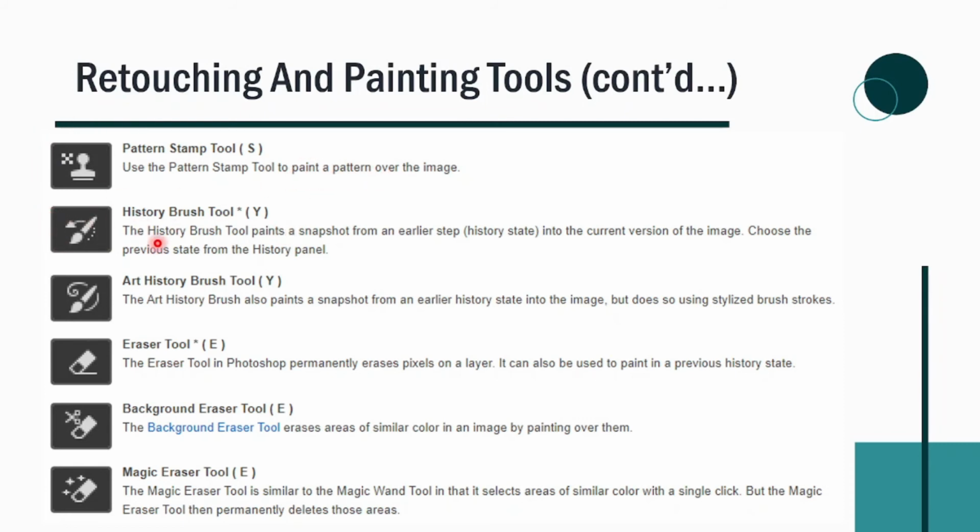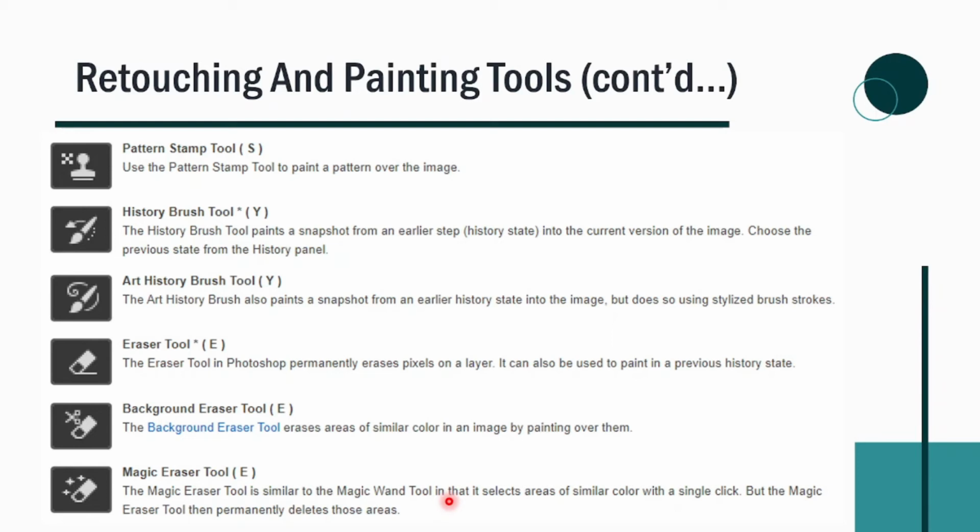The history brush tool, the art history brush tool, the eraser tool permanently erases pixels on a layer. Background eraser tool, okay, erases areas of similar color in an image by painting over them. Magic eraser tool, similar to the magic wand tool.